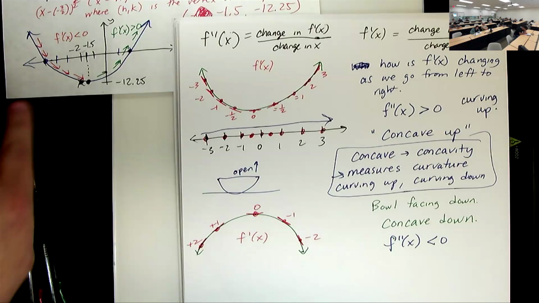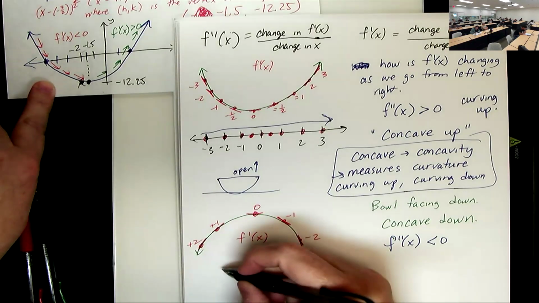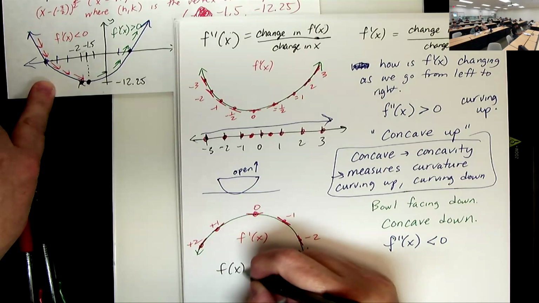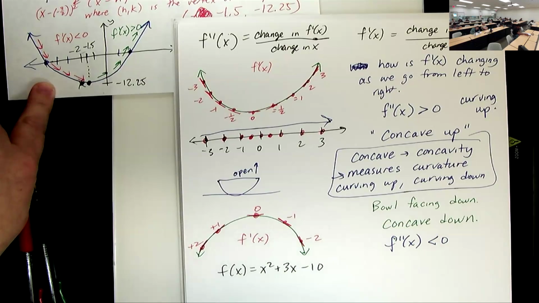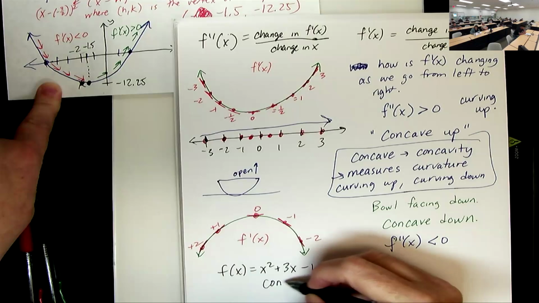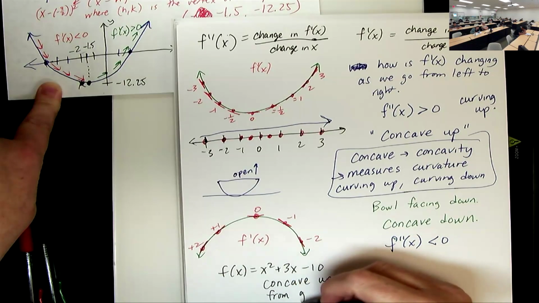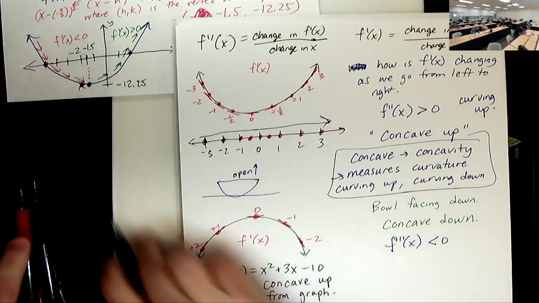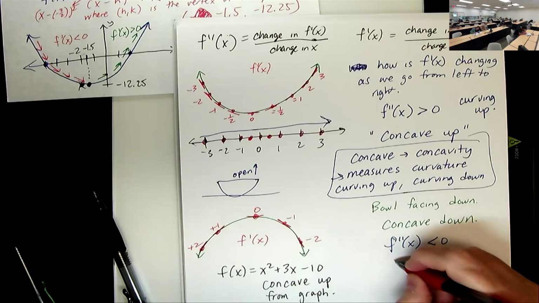So looking at our graph here of f of x equals x squared plus 3x minus 10 before we changed it, what type of concavity would you say this has? Concave up. It looks like concave up, right? From the graph. Well, let's check it. We had f prime of x was 2x plus 3.